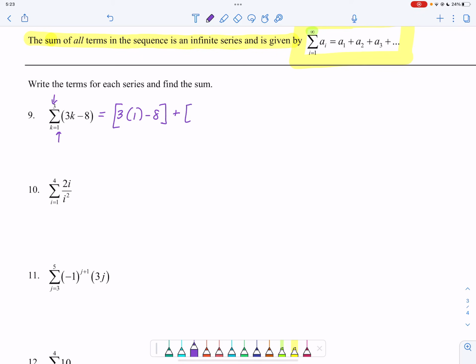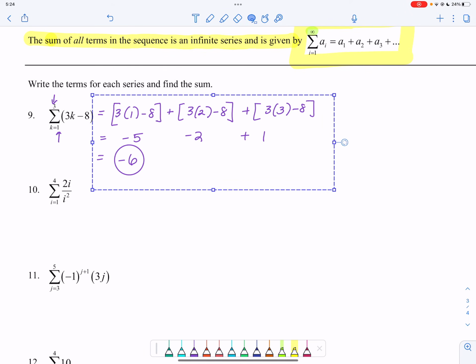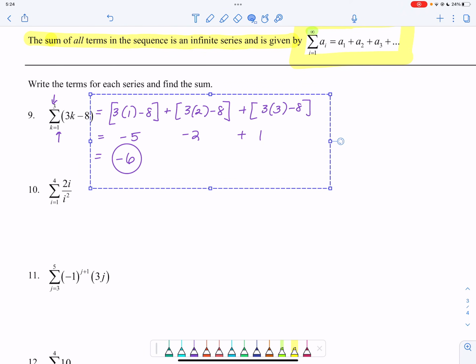So we have 3 times 2 minus 8, and then we'll add that to 3 times 3 minus 8. And when we put all that together, we get negative 5 minus 2 plus 1, and we come up with negative 6. If I can make that a little bit smaller.